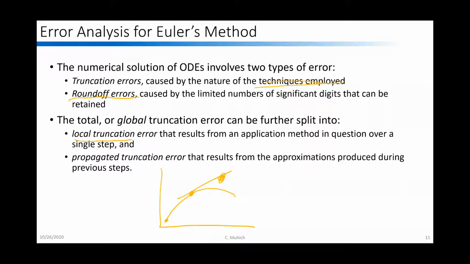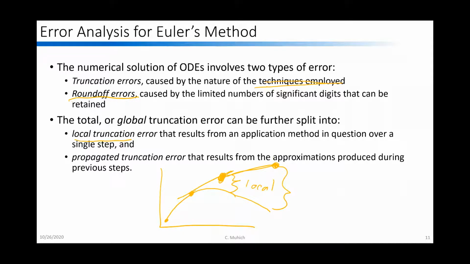But then the true line crossed. So at this point, this would be considered our local truncation error. But now I'm sitting at this point, I'm going to take a new slope and end up sitting here.